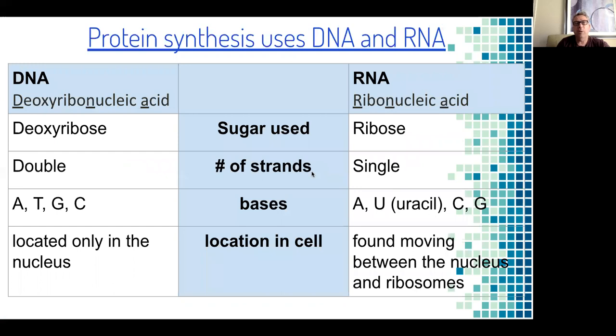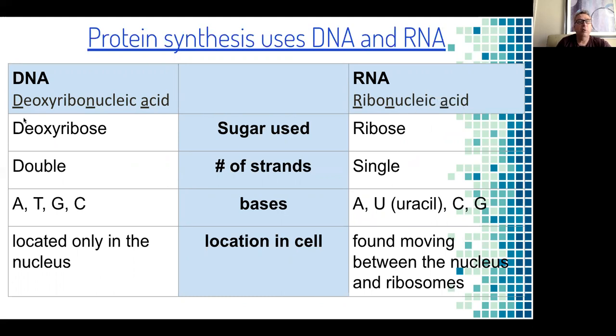So before we go into the actual protein synthesis, we thought it would be important at this time to differentiate between what DNA is and what RNA is. Okay, so we know that DNA stands for deoxyribonucleic acid. RNA is ribonucleic acid.